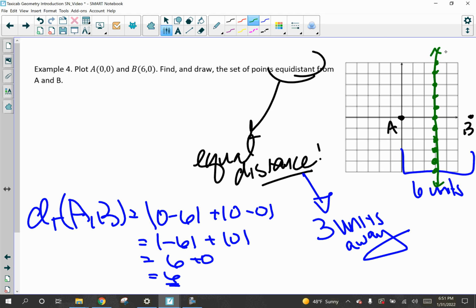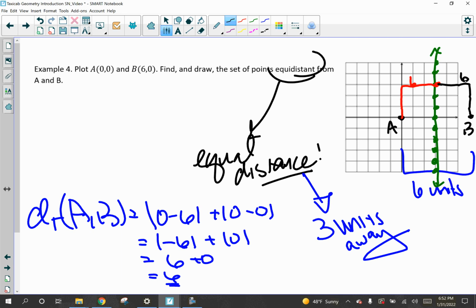Say I pick this point right here. That point will be 1, 2, 3, 4, 5, 6 units from A, and that point will also be 1, 2, 3, 4, 5, 6 units from B. So it's the same distance away.